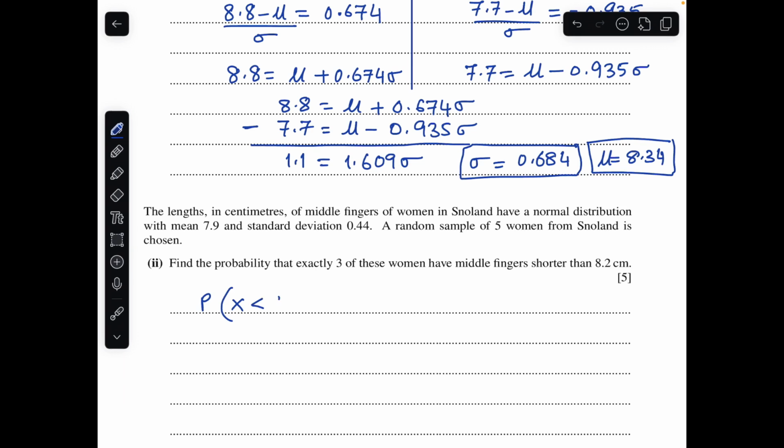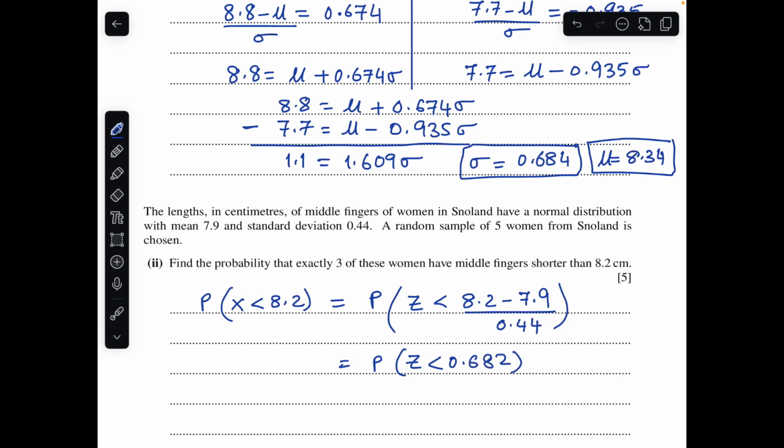Probability of x less than 8.2. So this is going to be z-score less than 8.2 minus the mean, which is 7.9, divided by standard deviation, which is 0.44. This works out to give us the z-score to be 0.682. And if you read the table, this is 0.7524.